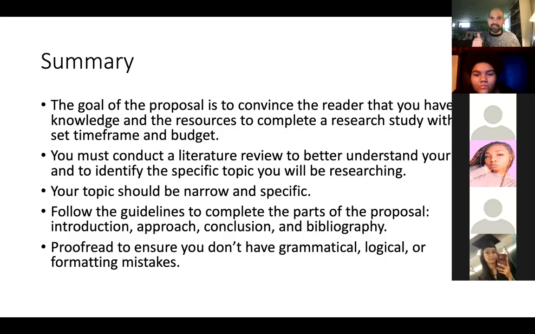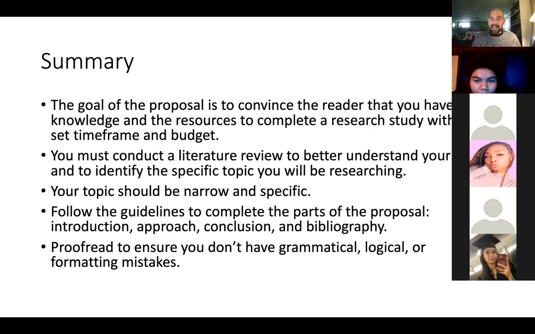The goal of your proposal is to convince the reader that you have the knowledge and the resources to complete a research study in a particular time and with a particular budget. You need to make sure that you conduct a literature review first, before even grabbing a piece of paper to write on, to make sure that you understand the field and that you are able to find a particular area where there's a gap in knowledge that you can fill in with your project.